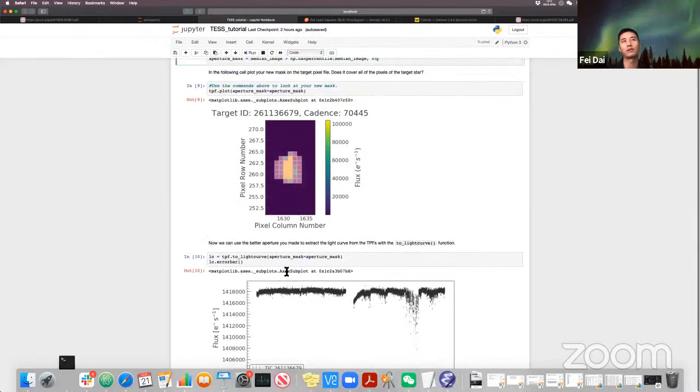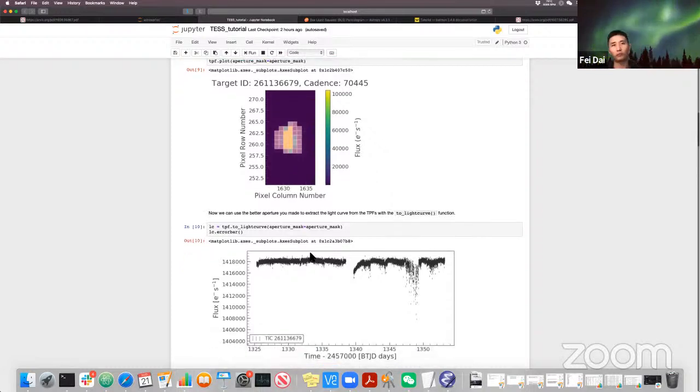All right, so how do we actually move on from target pixel files to the so-called light curves? The pixel files contain a lot of images like these, each taken with a time interval of 2 minutes. So every 2 minutes, the CCD detector on the star is read off to represent the brightness of the star within the last 2 minutes.